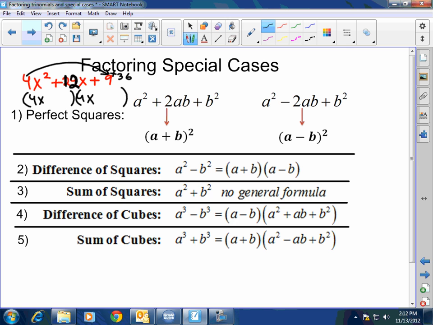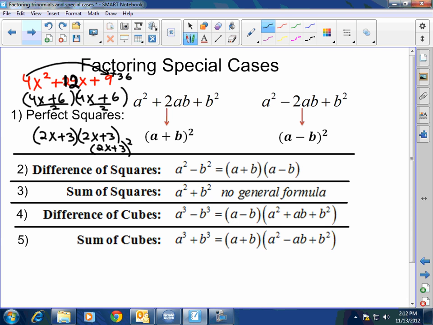So what times what is 36, but when added together is 12? Hey, so check it out, guys. Plus 6 plus 6. When I artificial factor a 2 from here and a 2 from here, don't I get 2x plus 3 times 2x plus 3? Isn't that 2x plus 3 squared?